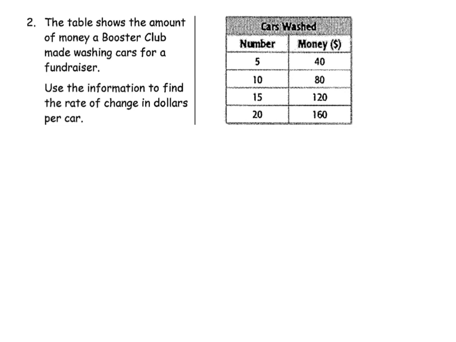So when the parent got there, they had already washed 5 cars, okay? And they had made $40. And then 5 cars later, they had $80. So she's trying to decide, okay, how much are we charging per car? Okay, so that's what we're going to figure out right now.